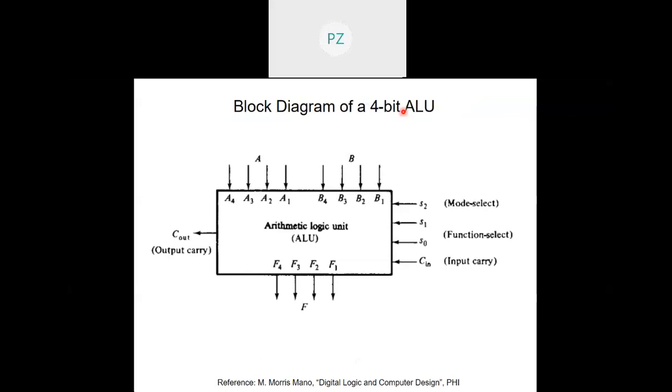Memory for storage, CPU does all the processing, and IO is meant for interfacing with the external world, how to accept data from the external world, the input devices, or to output data to the output devices. That's too preliminary, you already know from your school days, so I'm not going to get into it. CPU is in two parts: the arithmetic logic unit and the timing and control unit. So right now we are studying the arithmetic logic unit.